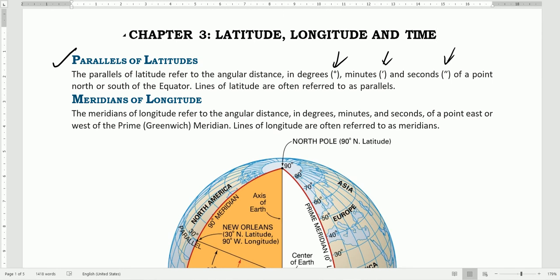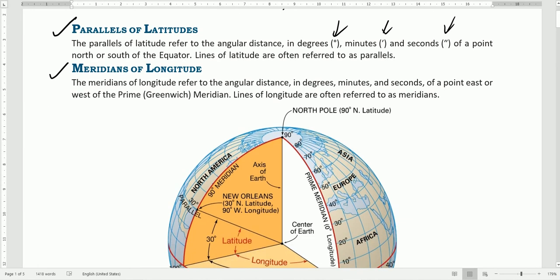The lines of latitude are often referred to as parallels. And meridians of longitude. The meridians of longitude refer to the angular distance in degrees, minutes, and seconds of a point east or west of the prime meridian, that is Greenwich. Lines of longitude are often referred to as meridians.